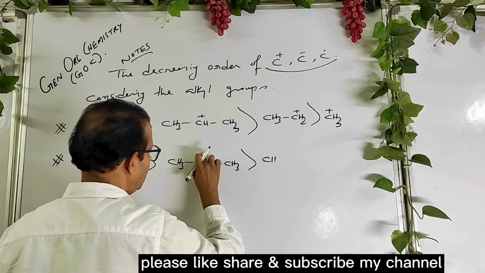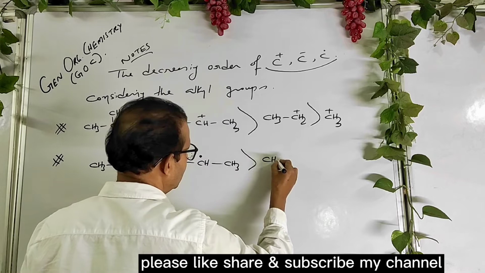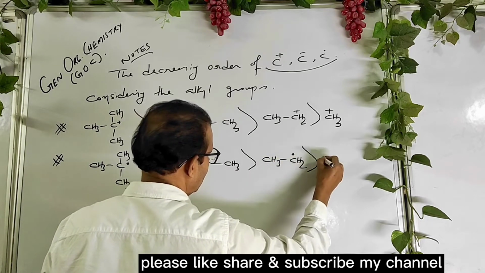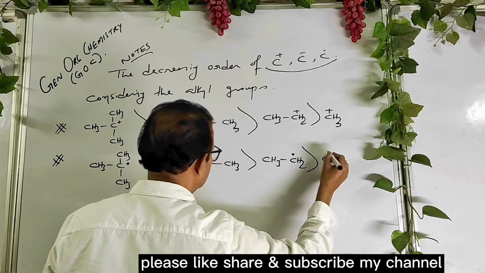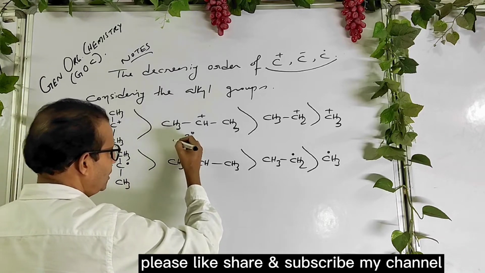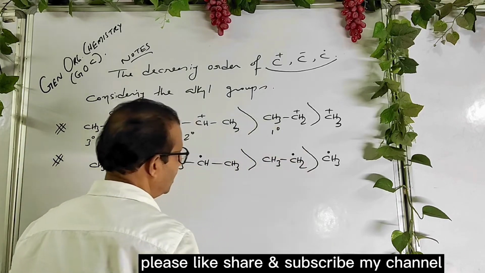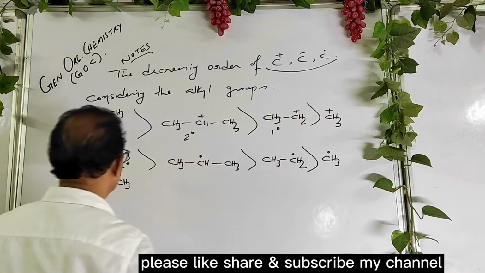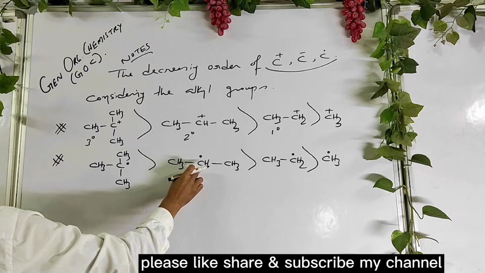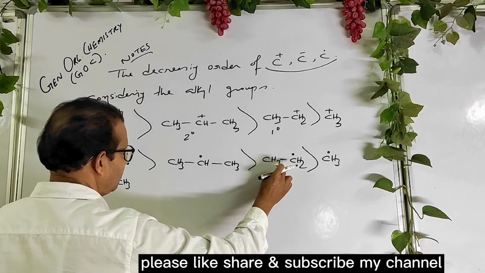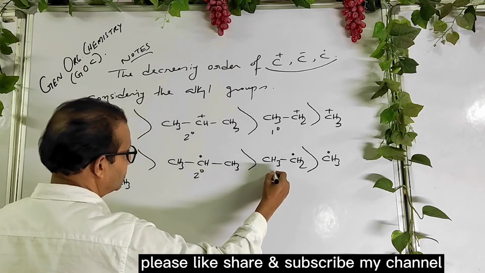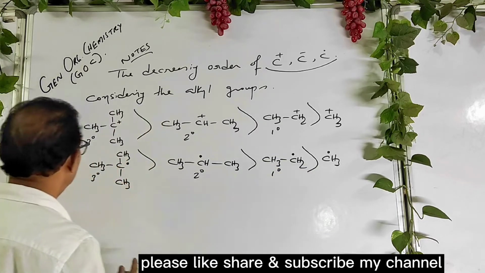You can say 3 degree carbocation is more stable than 2 degree, 2 degree more stable than 1 degree, and then methyl carbocation. Similarly, 3 degree free radical is more stable than 2 degree, more stable than 1 degree, then methyl free radical.